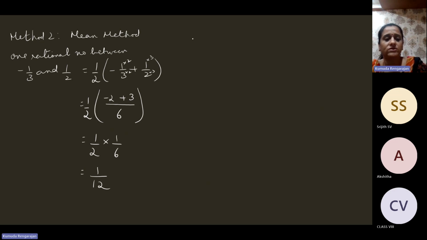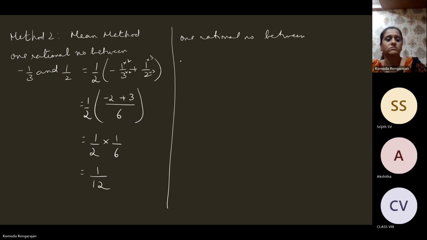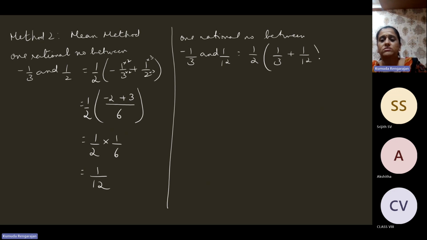So now we have inserted one number. Now, one rational number between minus 1 by 3 and 1 by 12 is equal to half of the sum of the two numbers. And the LCM, so it will be into 4 into 4.